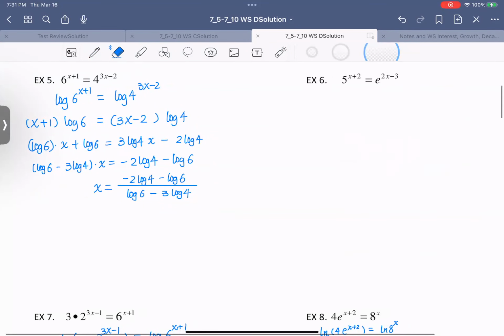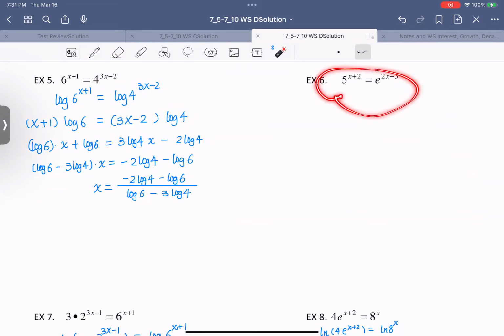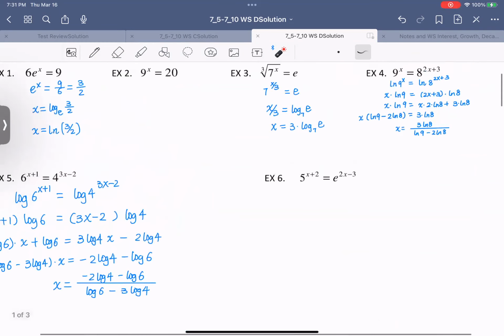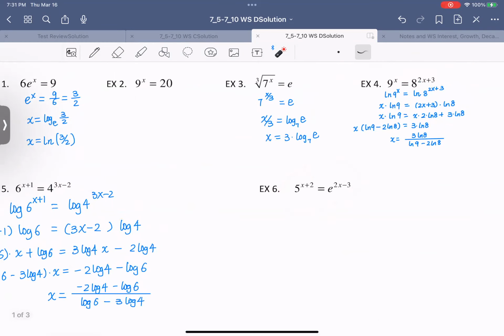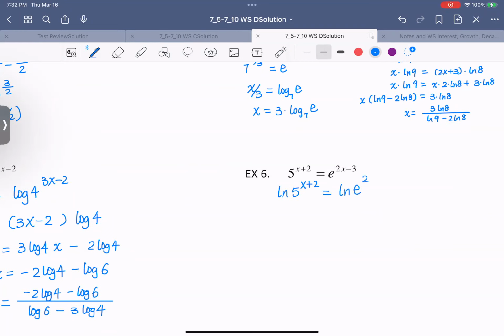Who wants to do number 6? Oh, Ethan, yes, you told me just now. Let's go ahead to this one together. You can choose natural log also, okay? So ln 5 to the power of x plus 2 equals ln e to the power of 2x minus 3.